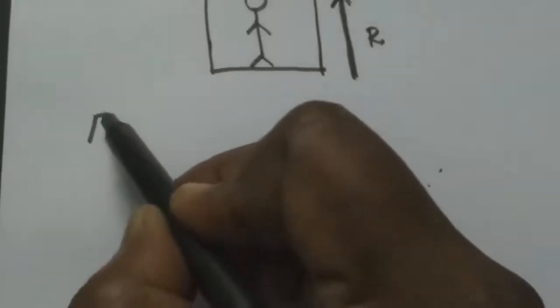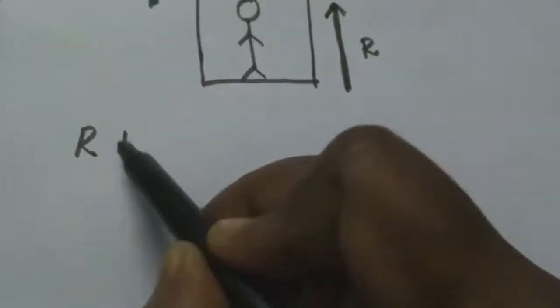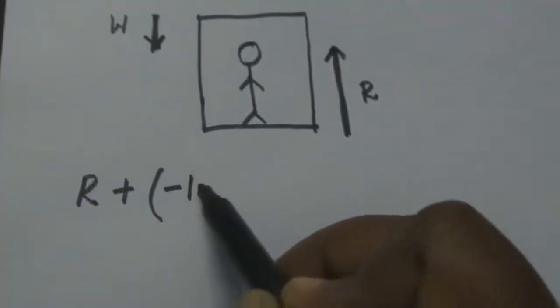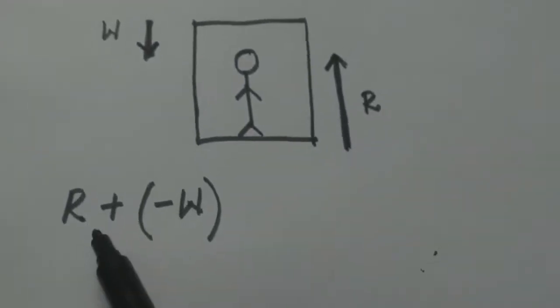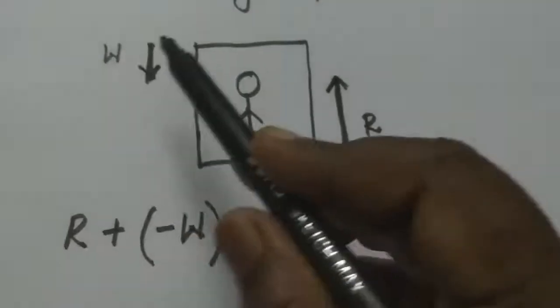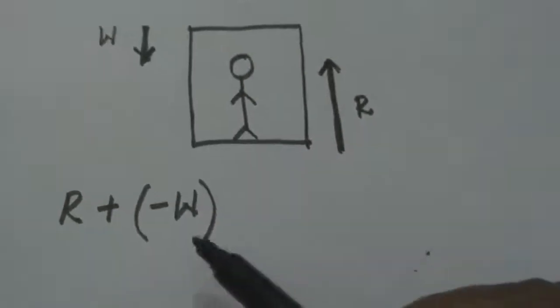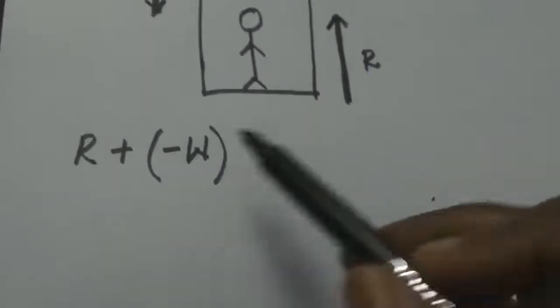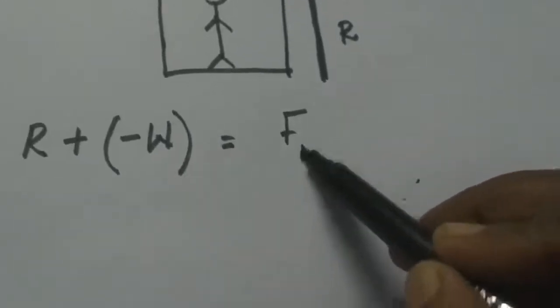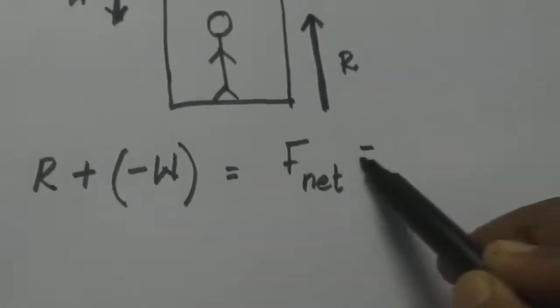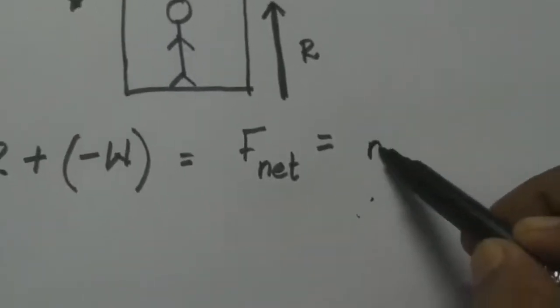So R minus W, because R is acting upward so plus, and weight is acting downward so minus W, equal to F net force equal to m into a.